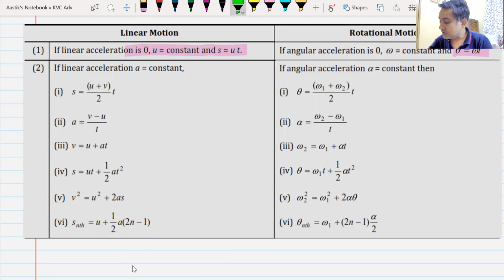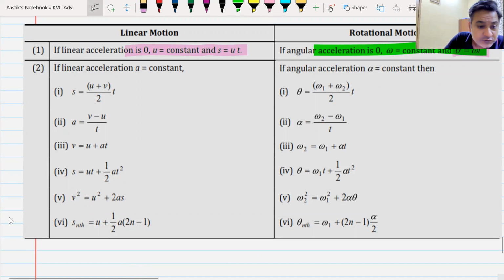Are you able to understand all the equations that are written here, or shall I explain them? Yes, sir, we understood. Do you want to note them down?